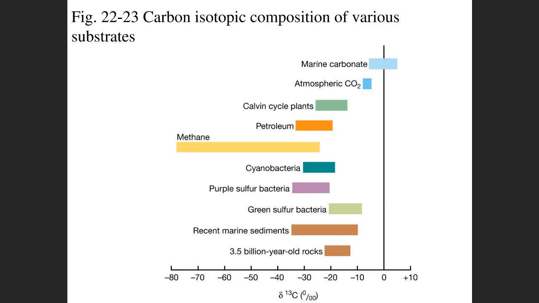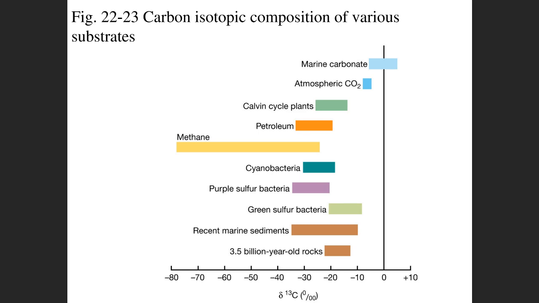The plant material. So you can have Calvin cycle plants here. So this is a zero ratio. I'm sorry, this is the natural environment, the atmosphere CO2, right?